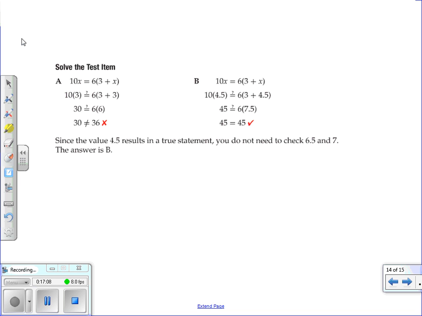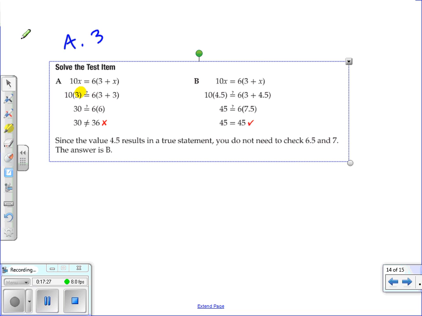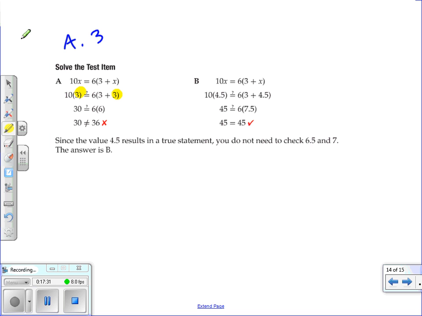And you'll see that if we substitute in, so the A answer was 3, do you remember? And if I put an A, I put a 3 where the x is. Then we'll see if this works. Well, if I put a 3 in here, does 30 equal 3 plus 3 is 6 times 6 is 36? So A is not an answer, right?